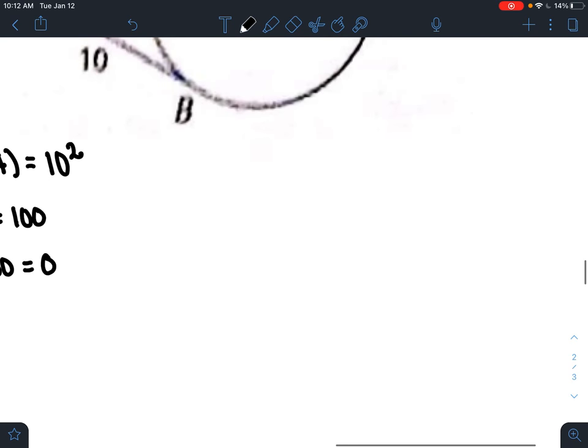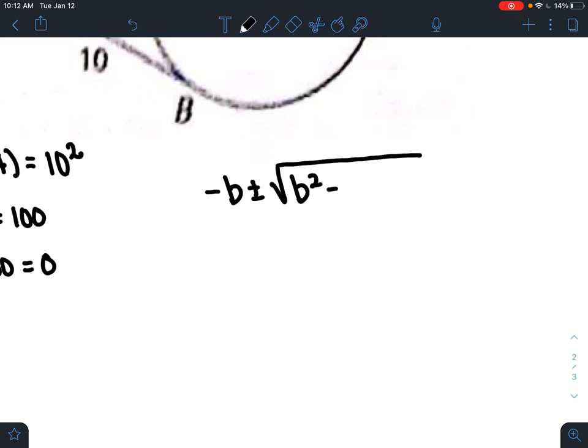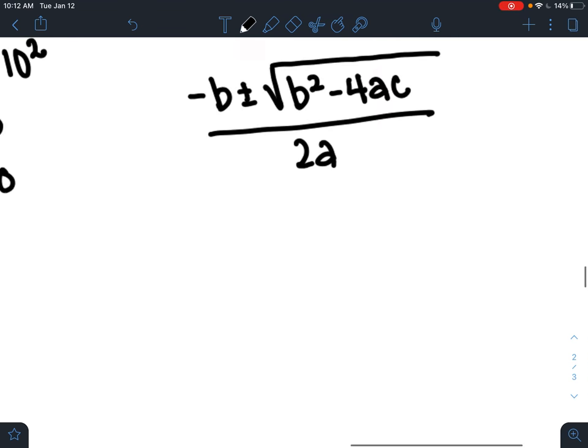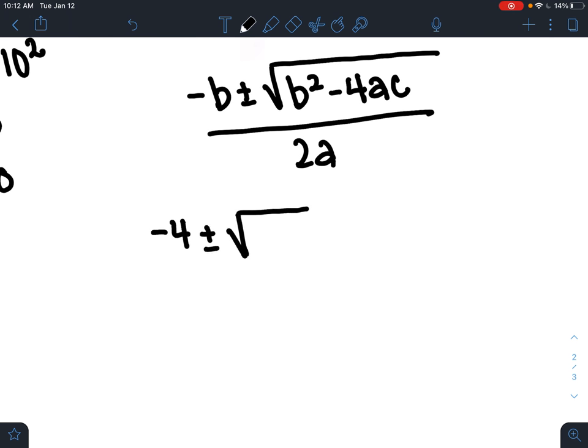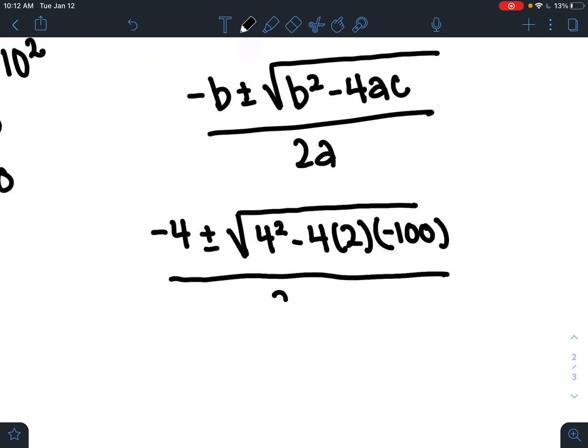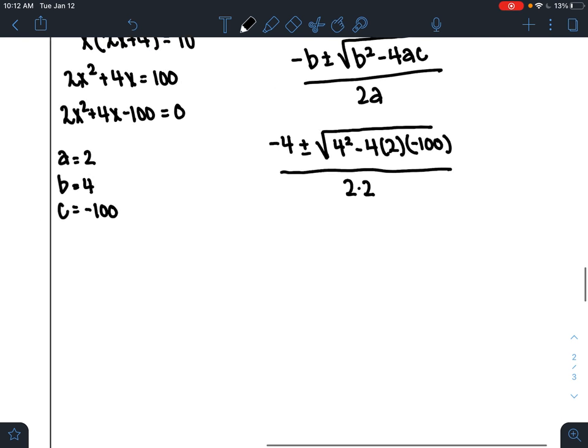So substituting into your quadratic formula, negative b plus or minus the square root of b squared minus 4ac all over 2a, I'm going to get negative 4 plus or minus the square root of 4 squared minus 4 times 2 times negative 100, all over 2 times 2.